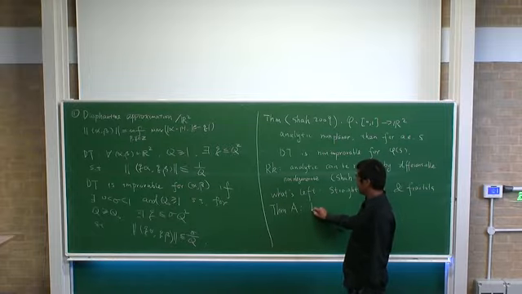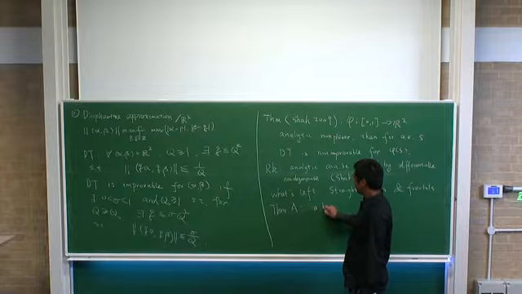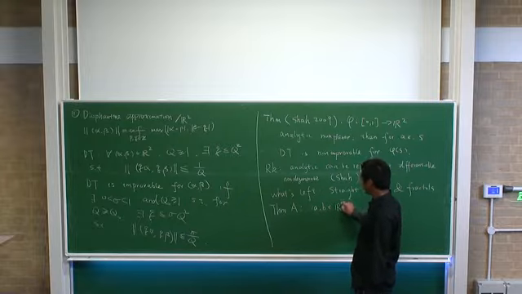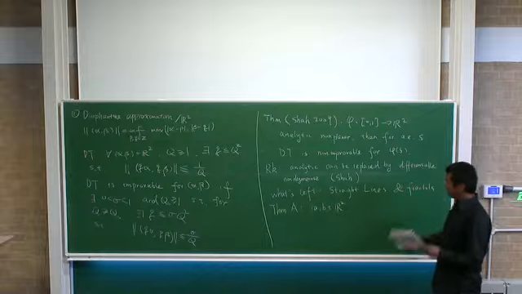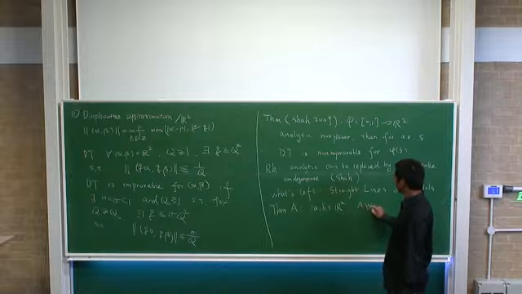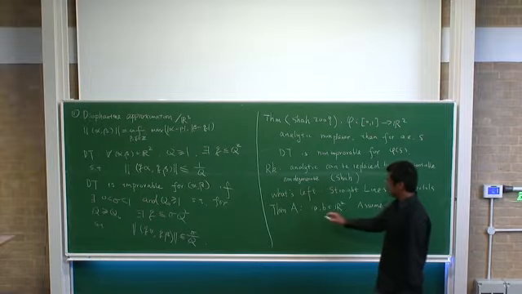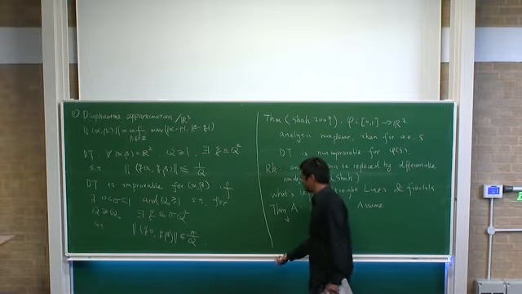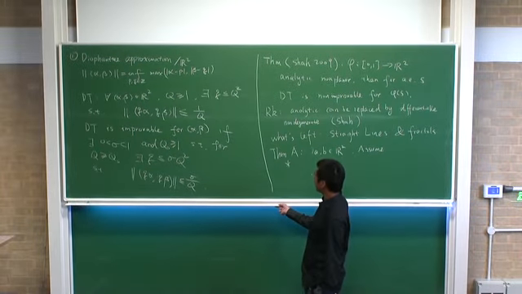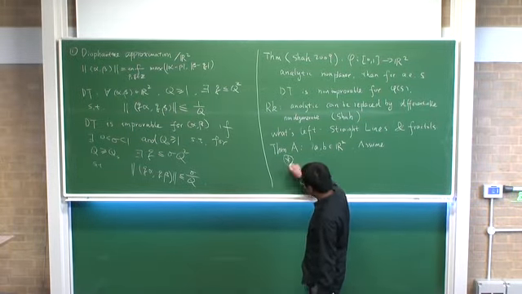So let a, b be two real numbers, and assume the following condition holds. We'll call it star, and it will be used later.